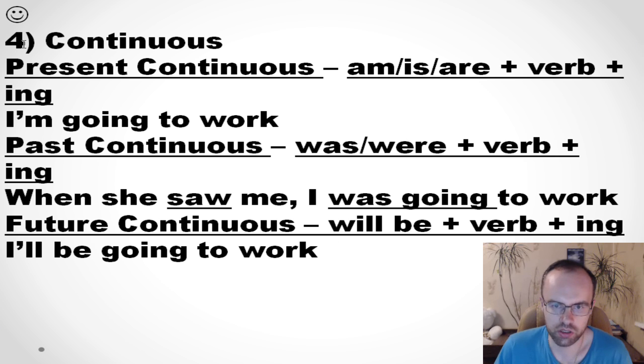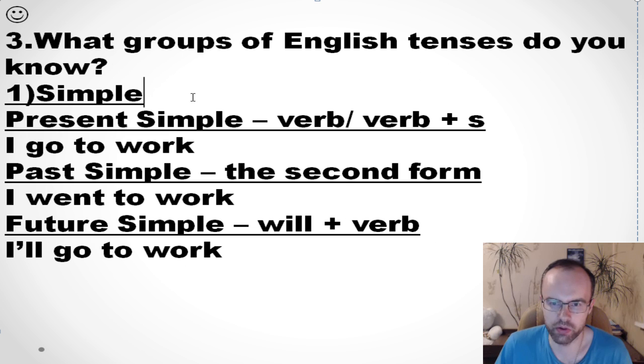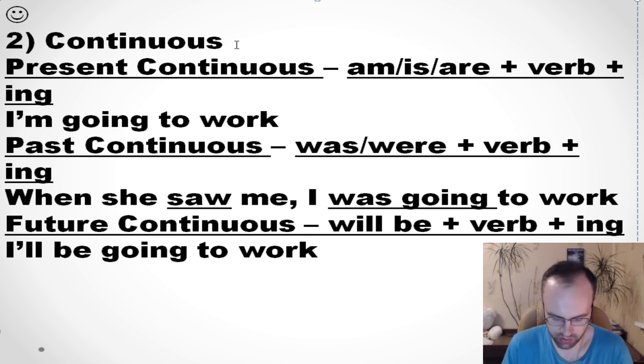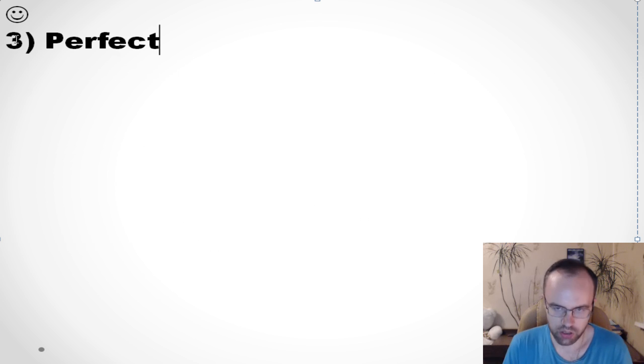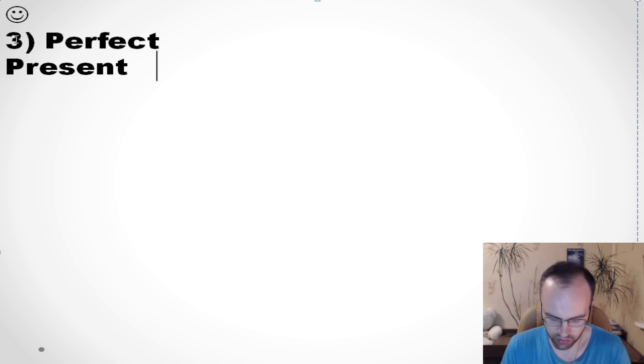Okay, good. So it's the second group. So simple, we have these tenses from 1 to 3, continuous from 4 to 6. Okay, what else? Perfect. This group is also very important. It's of great importance.